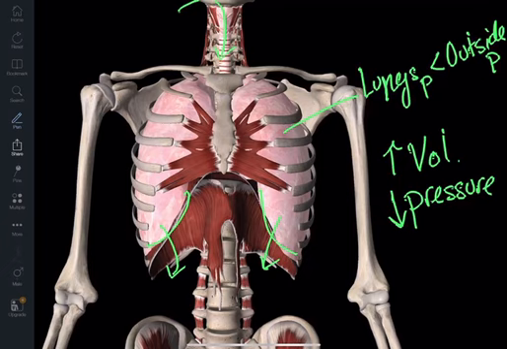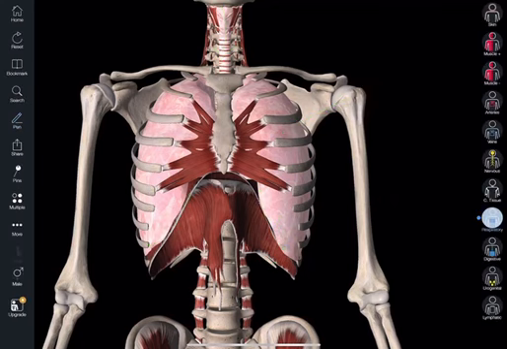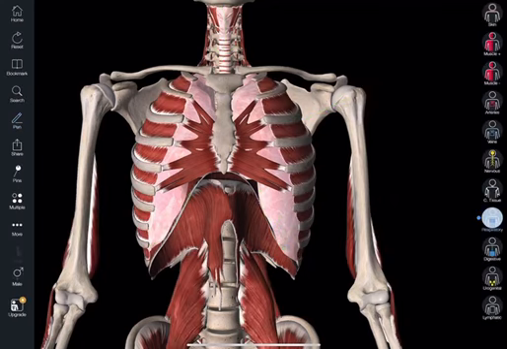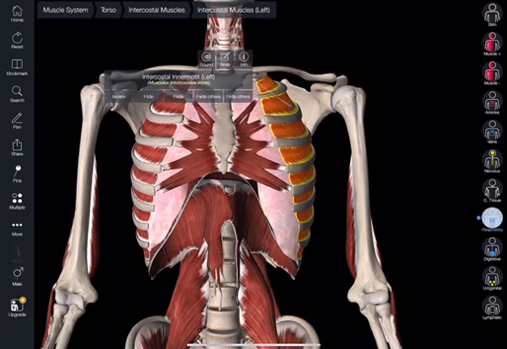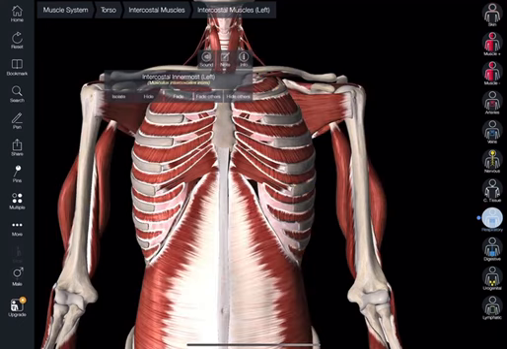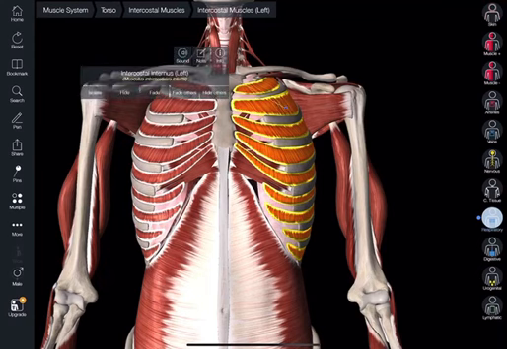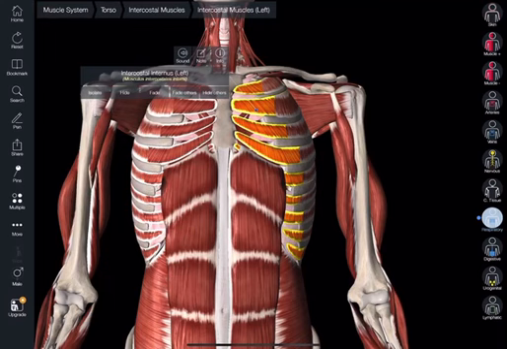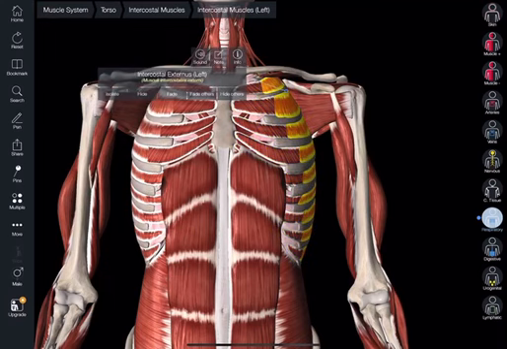All right, so that is the anatomy of the lungs. The other respiratory muscles are these right here. These are going to be the innermost intercostal muscles. Nobody talks about those hardly. I mean, you have to be in probably medical school. The next ones are going to be the internal intercostal muscles, and then you have the external intercostal muscles coming on there.